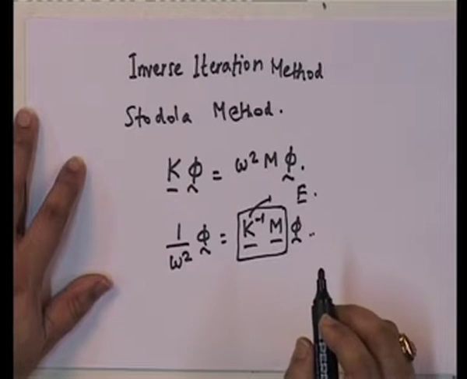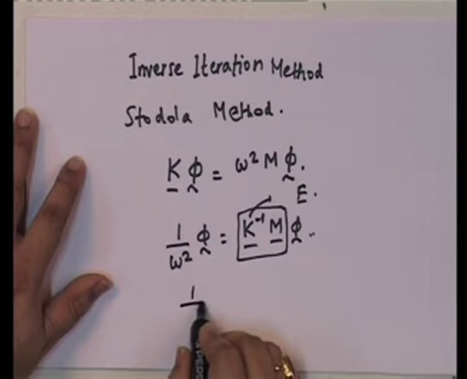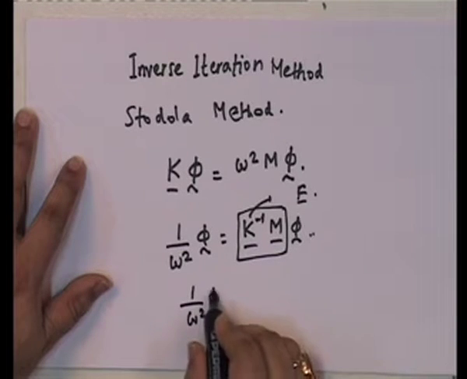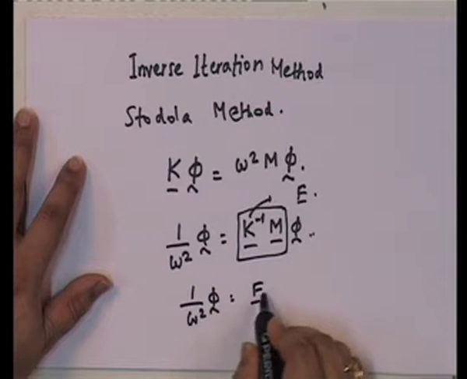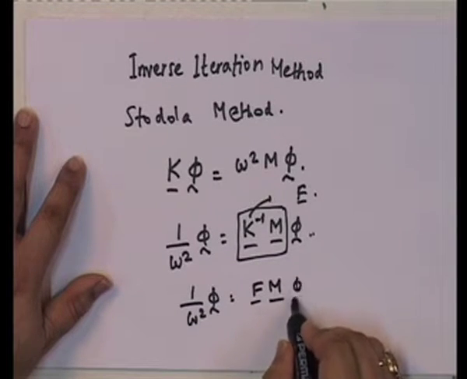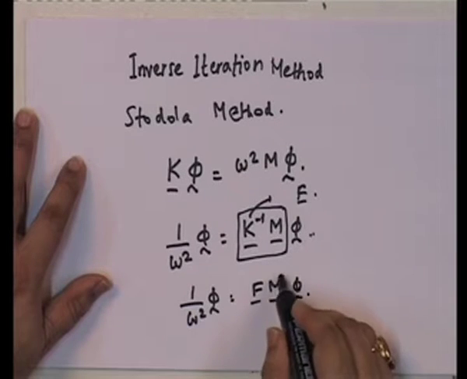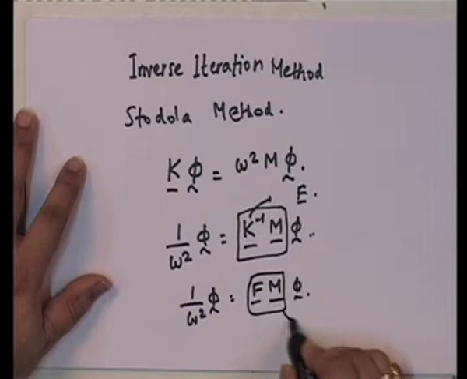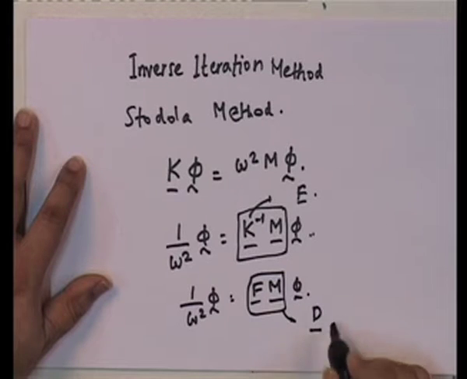So, you are essentially doing something like this. Call this matrix a D matrix.